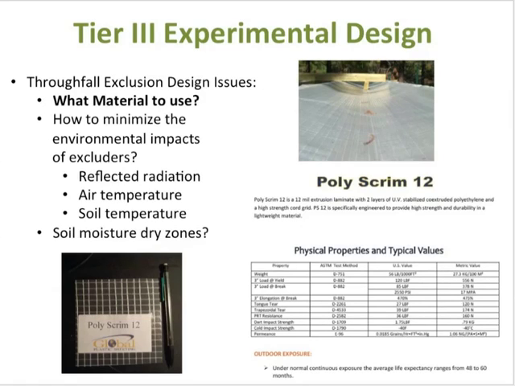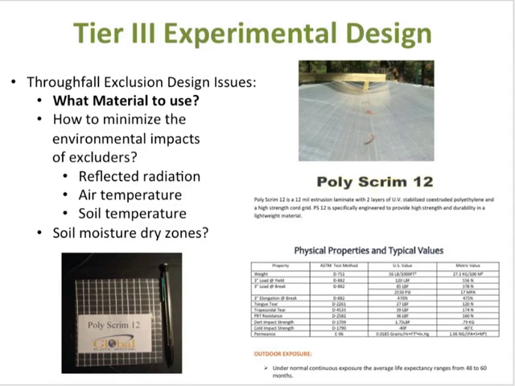We've pretty well settled on a plastic material called Polyscrim 12. It's 12 mil plastic that is actually 2 6 mil layers laminated with a string grid in between, as you see in the small photo on the left. It's very clear, although it looks opaque from the angle that I shot that picture.